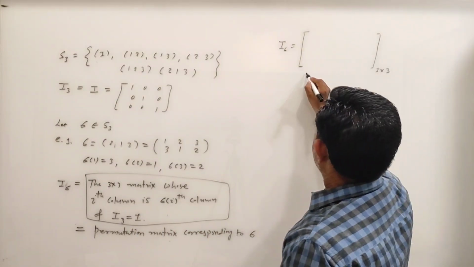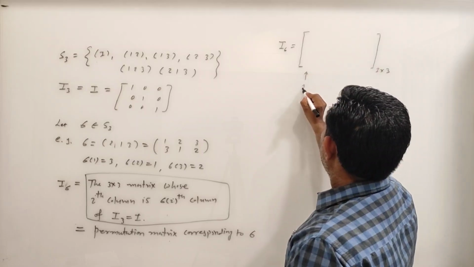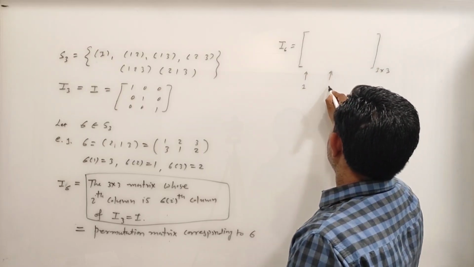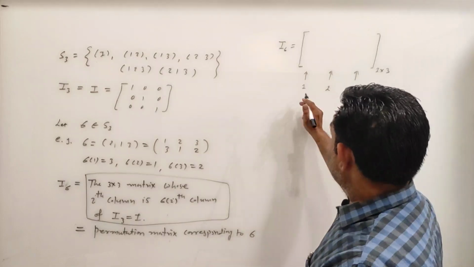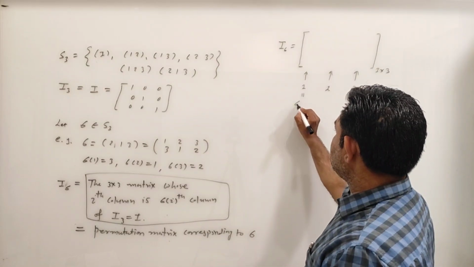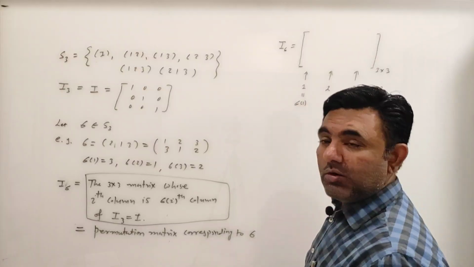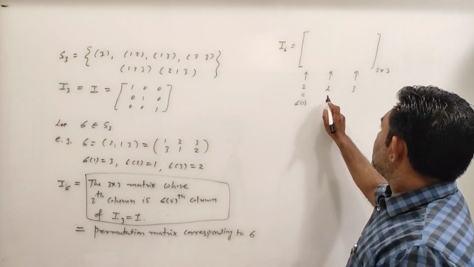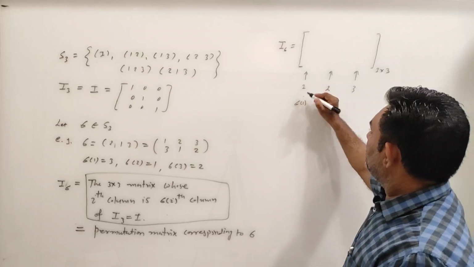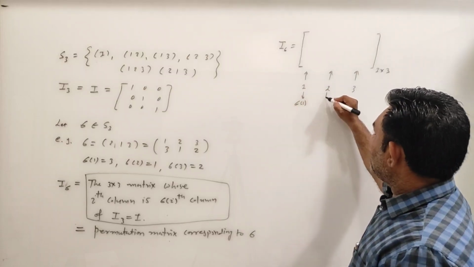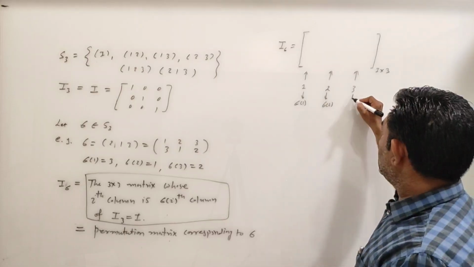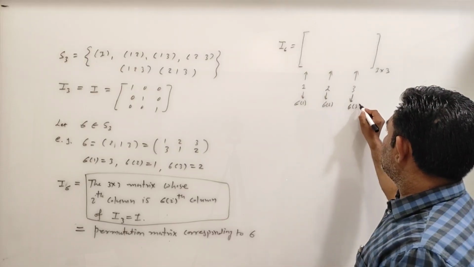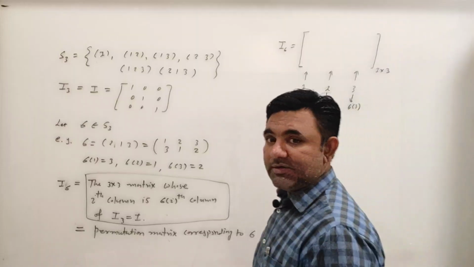So this is the first column, here will be the second column, and here will be the third column. So the first column is sigma 1th column of identity. The second column is sigma 2th column of identity matrix. And the third column is sigma 3rd column of identity matrix.